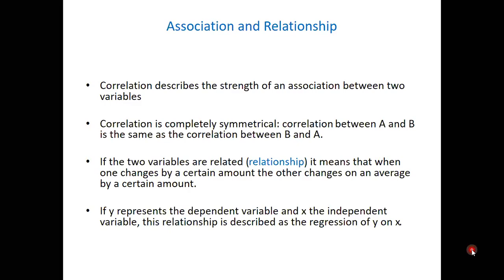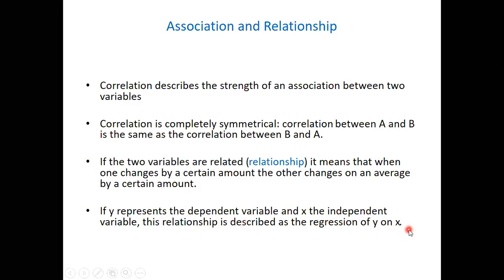Now, if two variables are related, that's a relationship. It means that when one changes by a certain amount, the other changes on average by a certain amount. Though in correlation also you are expecting change, in relationship, of course, one determines the other. We'll talk about that. This relationship is more on the regression side. If Y represents the dependent variable and X the independent variable, this relationship is regarded as the regression of Y on X. Can you see?